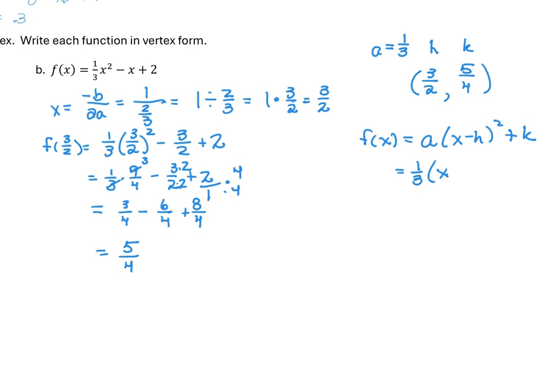Our x coordinate of our vertex is 3/2. Remember, we want to change the sign, so we get minus 3/2 squared. And on the outside, we leave it the same, and so we get plus 5/4. That is our function in vertex form.